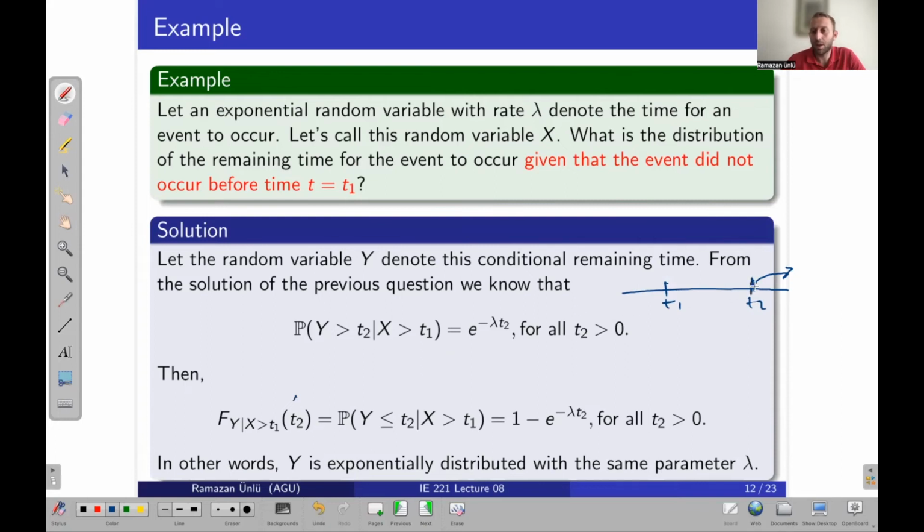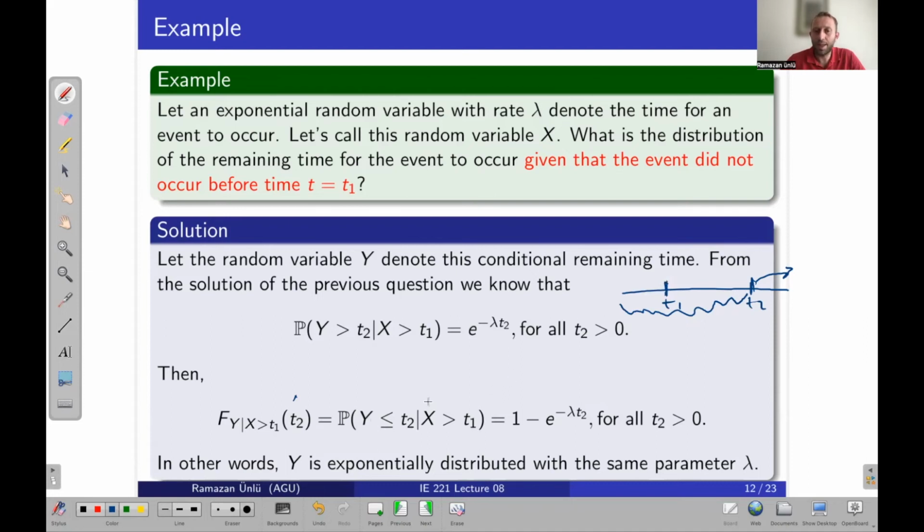So what I mean, actually, I'm going to calculate the probability of all this region. So what I'm calculating is the probability that y is less than or equal to T2, given that x, another random variable, is greater than T1.